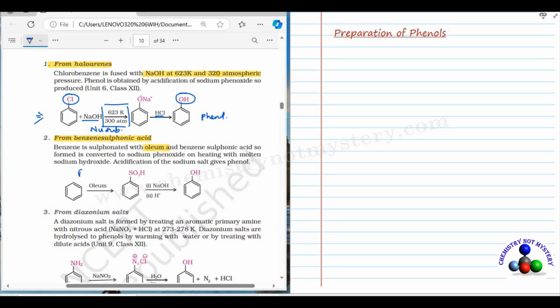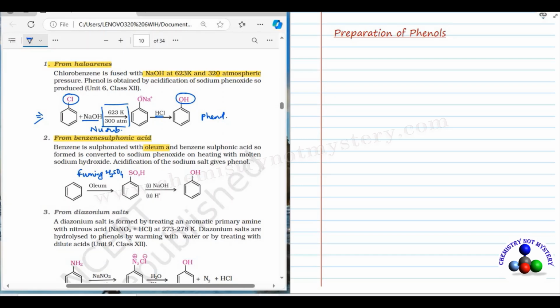Oleum is fuming sulfuric acid, H2SO4. When benzene is treated with fuming sulfuric acid, it forms benzene sulfonic acid. This is the benzene sulfonic acid.